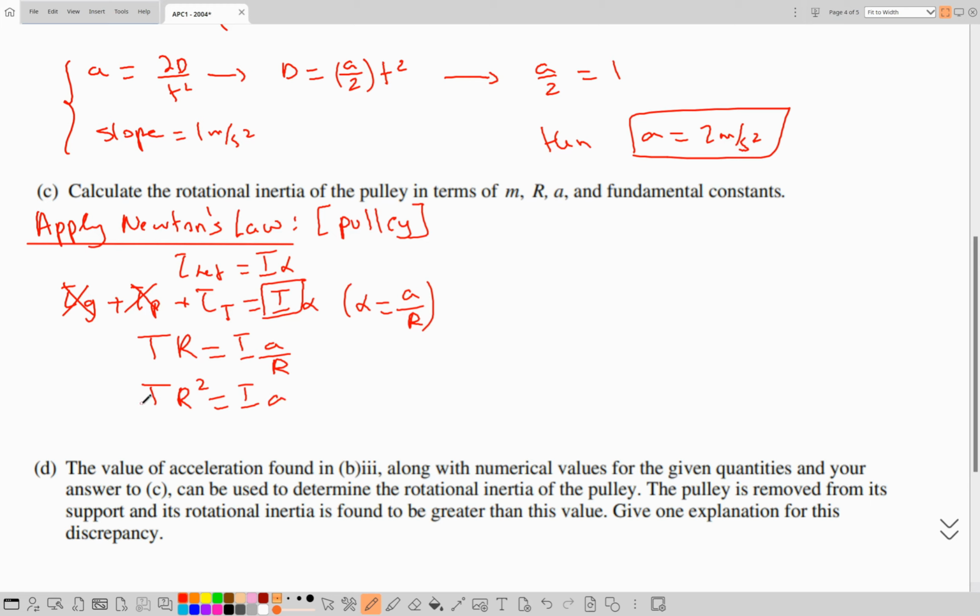T can be replaced by applying Newton's second law again for the block. So here it's better to mention the second law, but now we're interested in the block.